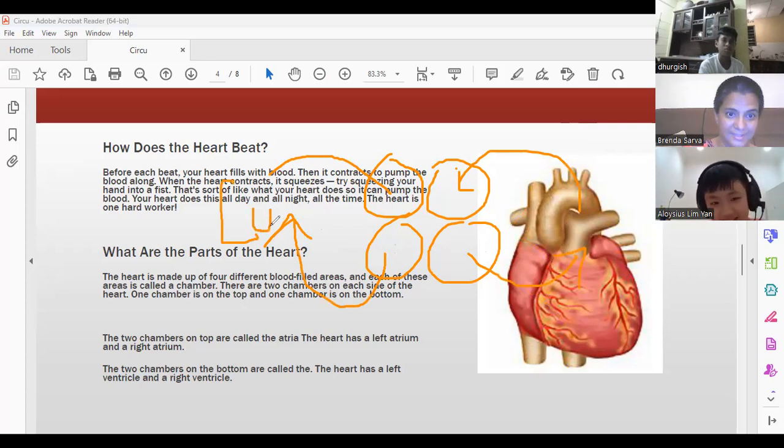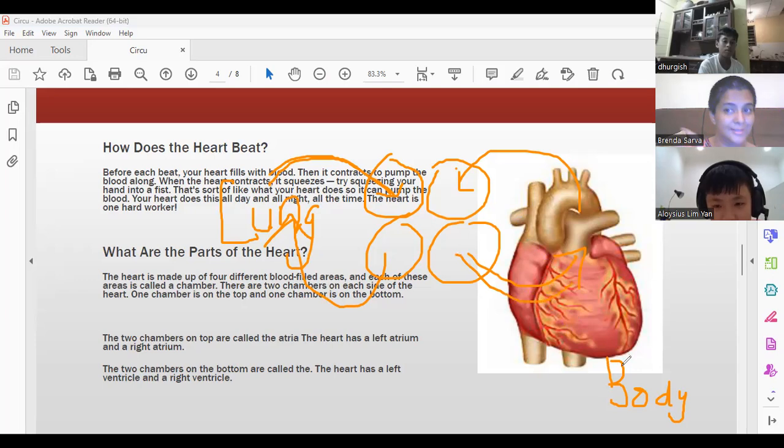This is your lungs and this is your body. Remember, our transport agent is the blood. So from the lungs, the blood will go with the oxygen to your heart. Then it will enter one chamber and then it will come out to another chamber to go to the body to deliver the oxygen.